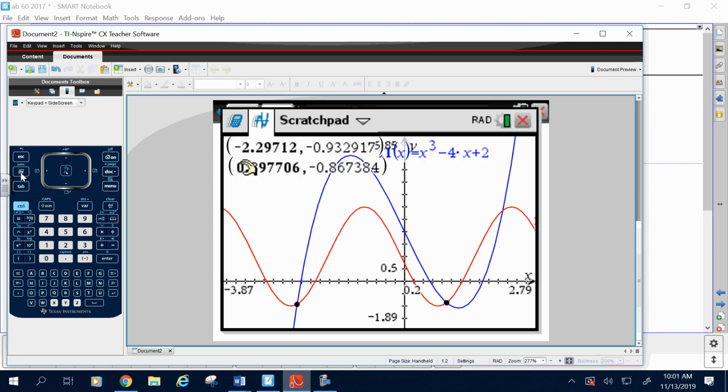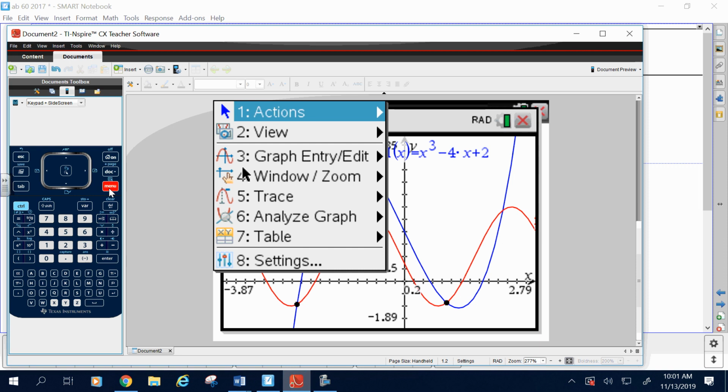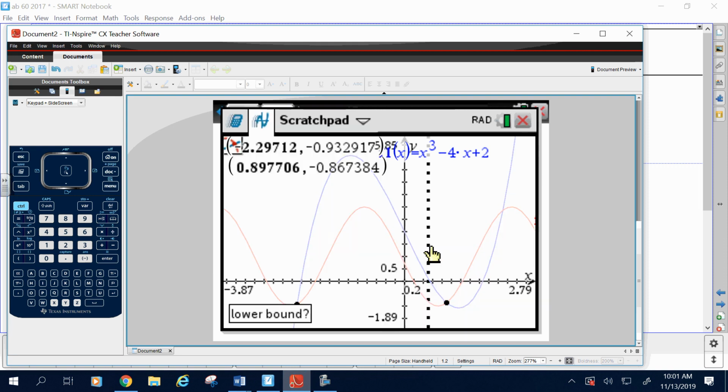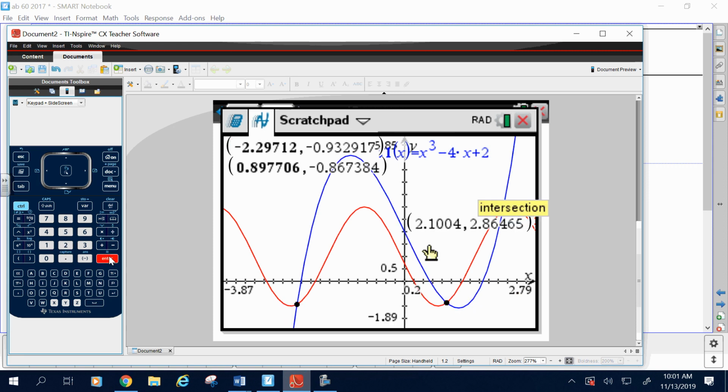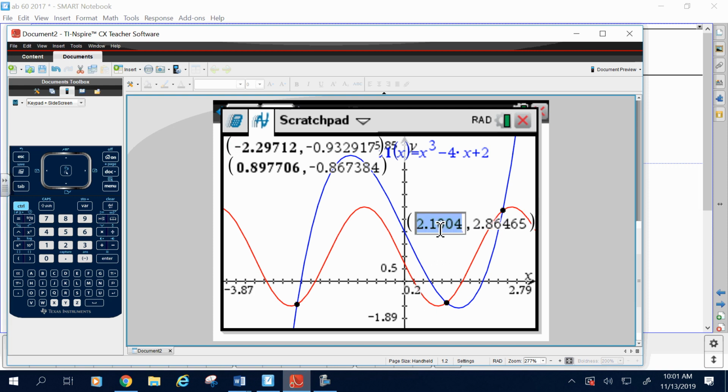And then intersection C is between maybe 2.1004. Yup. Okie dokie. Hopefully you have 3 intersection points stored.